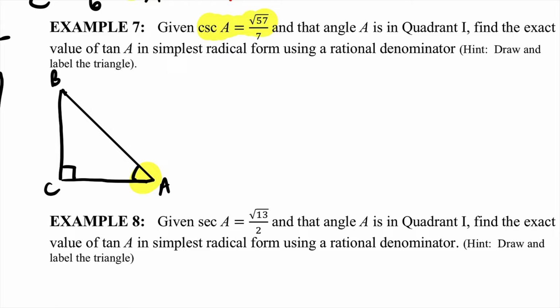So the hypotenuse is the top, square root of 57. Opposite is on the bottom, so 7 is going to go there. They don't give me this side down here, I'm missing that side. Okay, that's the given part. That's what they've given us.